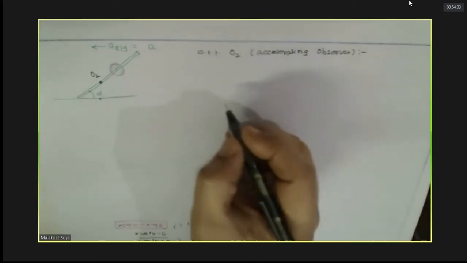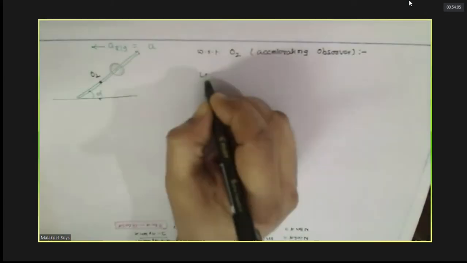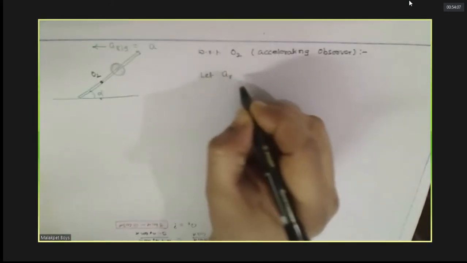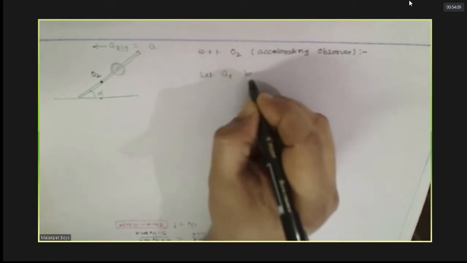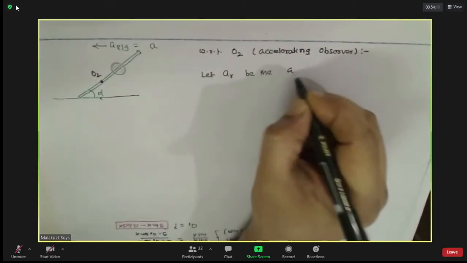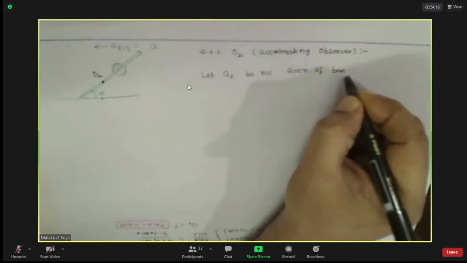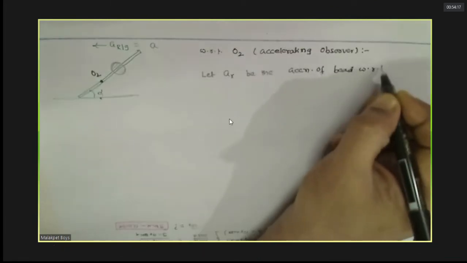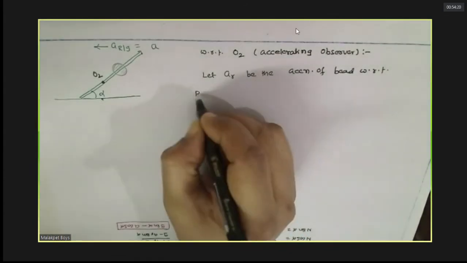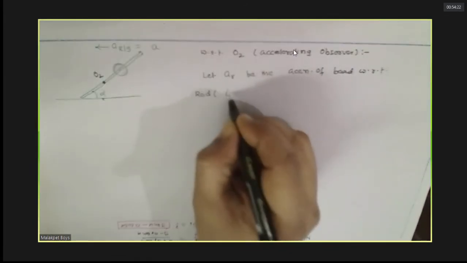Now see, we have taken the acceleration of what? Bead with respect to rod. That is O2.